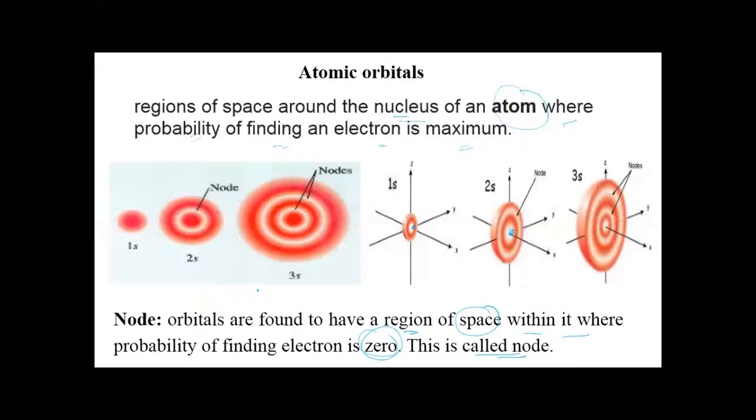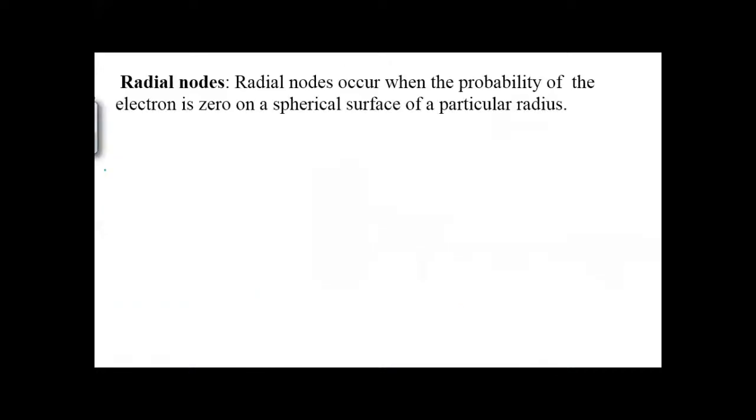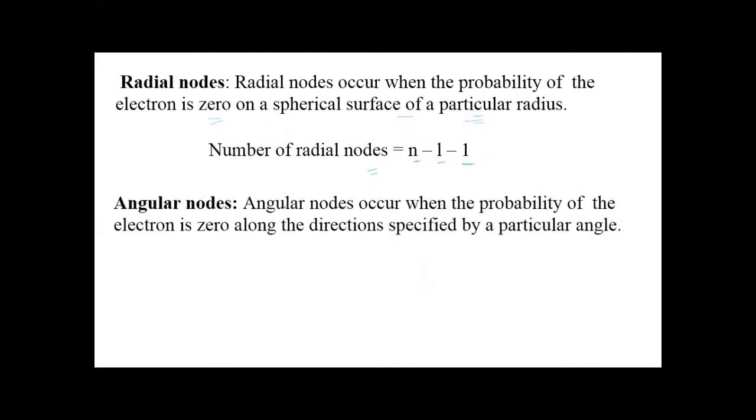Okay, here radial nodes. Radial nodes occur when the probability of the electron is 0 on a spherical surface at a particular radius. The number of radial nodes is n minus L minus 1, whereas angular nodes occur when the probability of the electron is 0 along the direction specified by a particular angle.